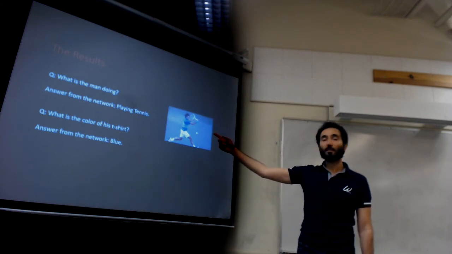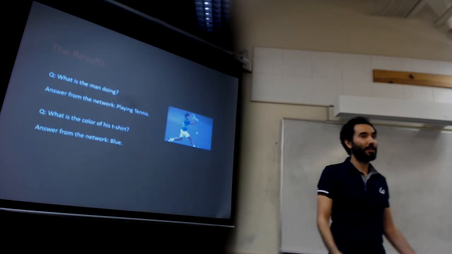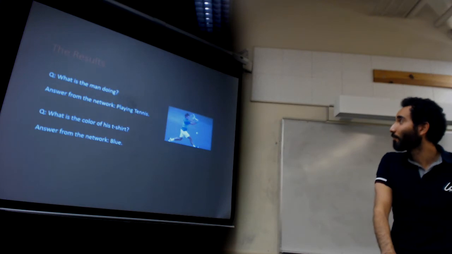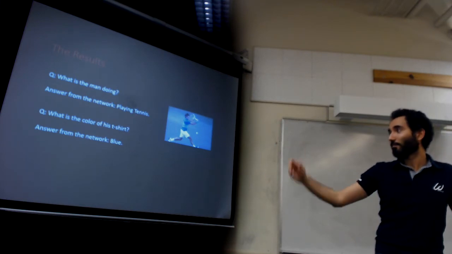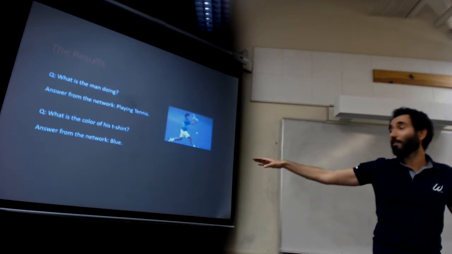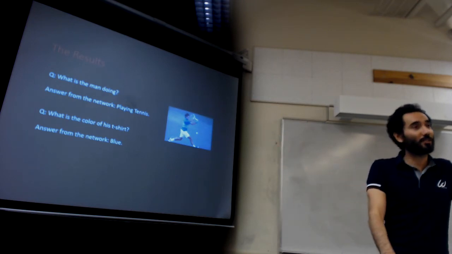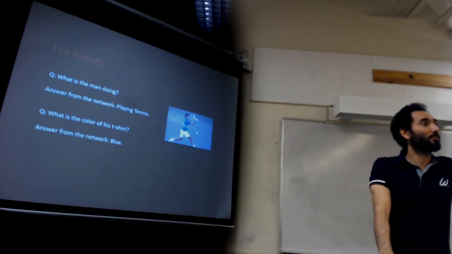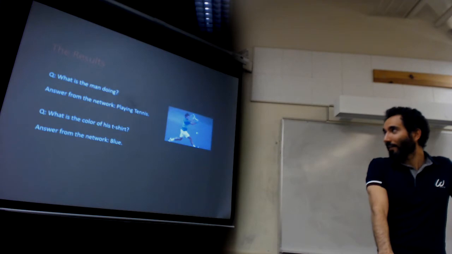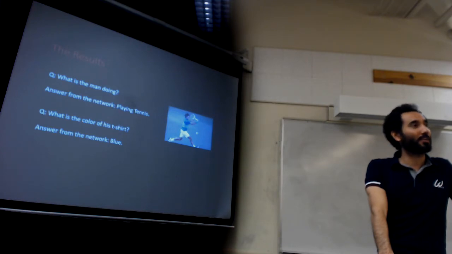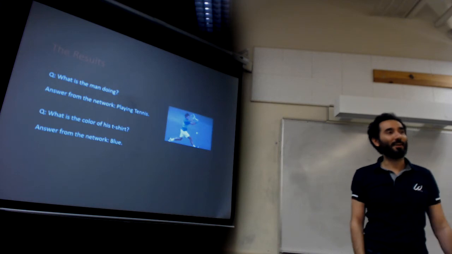And the answer is, pretty accurate, playing tennis. You can even ask things like, what is the color of his t-shirt? And it gives you blue correctly. I wish that I had recorded a few of the wrong answers too, because some of them are funny, but I didn't. So maybe for some other time.